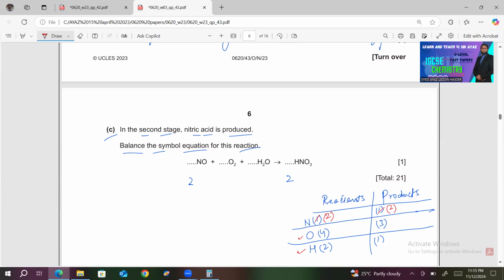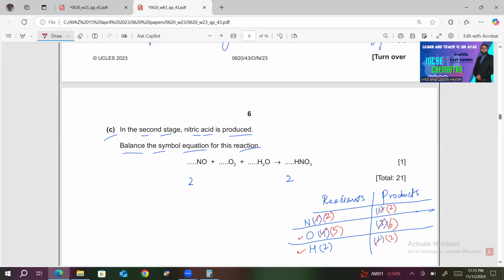On the product side it will become 2 multiplied by 3, 6. What about hydrogen? It will be balanced. There will be 2 moles of hydrogen on the product side.